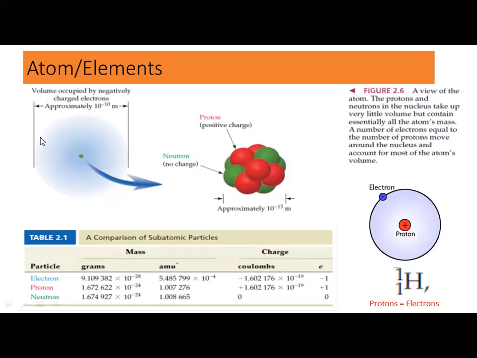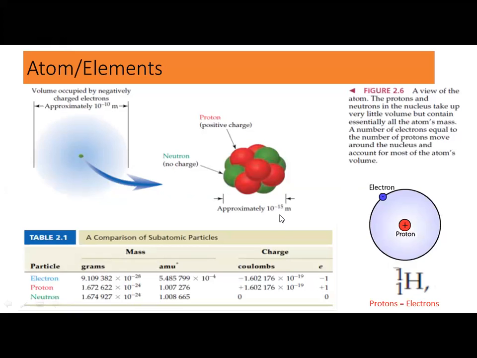This is the size or the volume occupied by the negatively charged electrons, that means the extranuclear part. How much is the size? 10 power minus 10 meter. And just have a look: what is the size of the nucleus as compared to the extranuclear part? This is 10 power minus 15 meter.